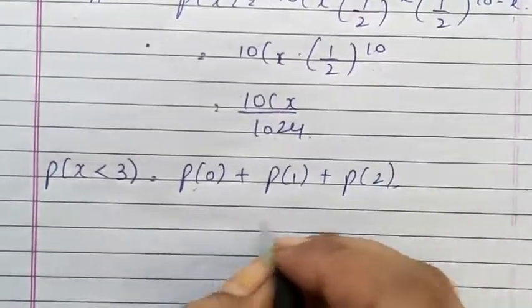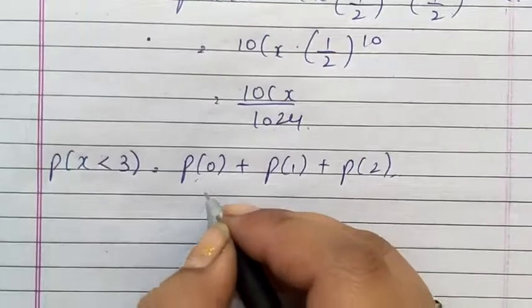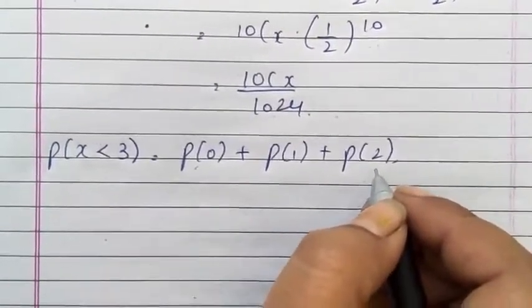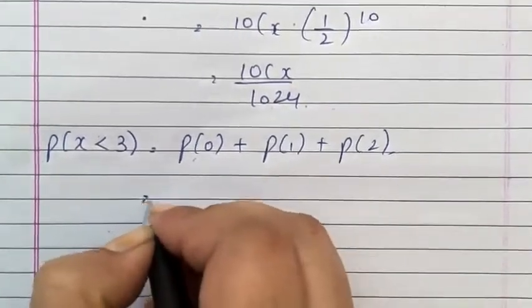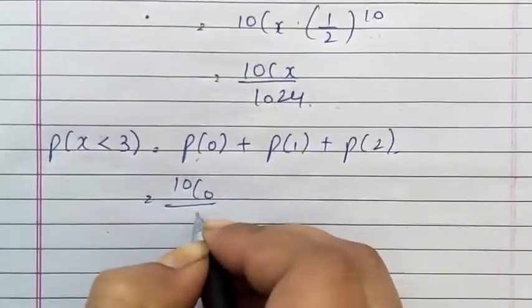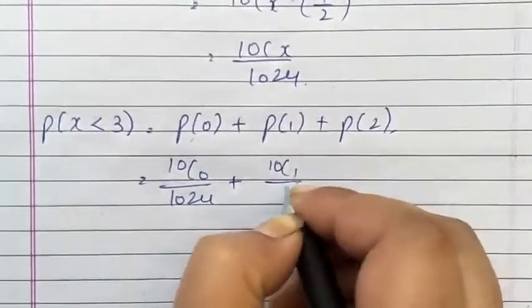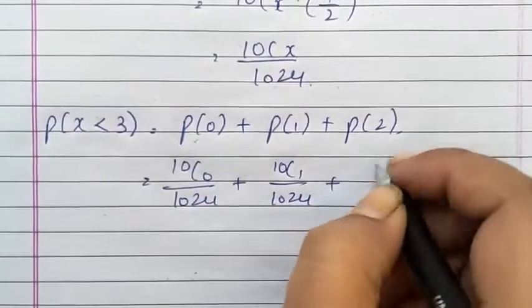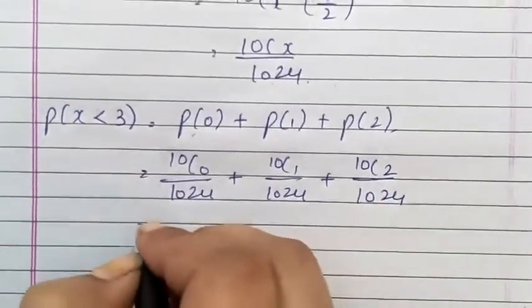So value of all these three, the values of P0, P1 and P2 we have to find first, and then we have to add these values. So for this, first 10C0 upon 1024 will come, then 10C1 upon 1024 will come, and last 10C2 upon 1024 will come over here.